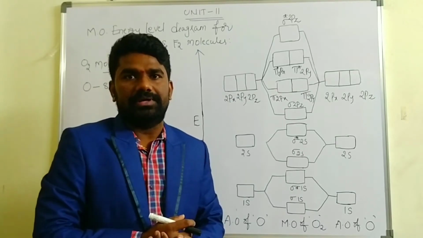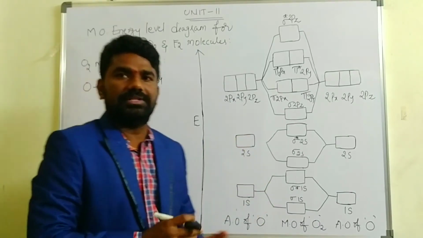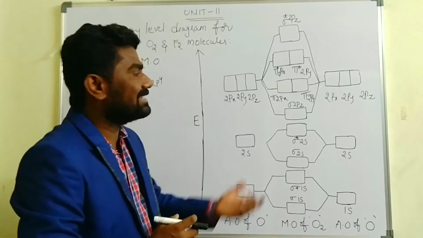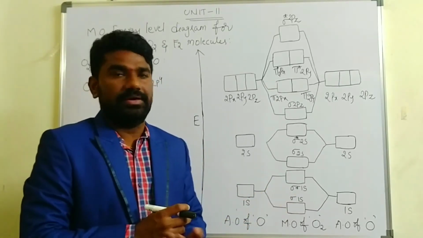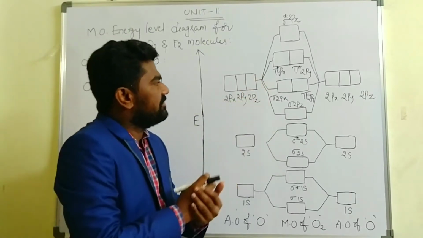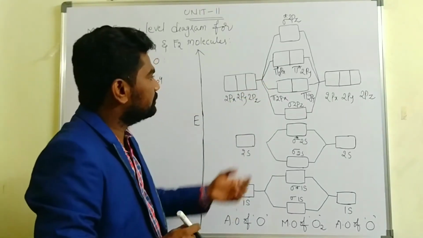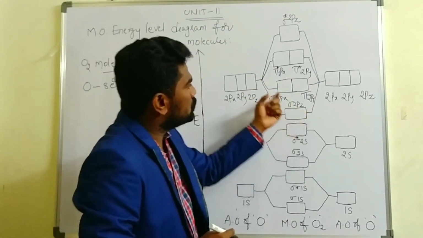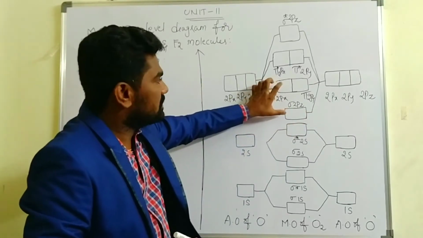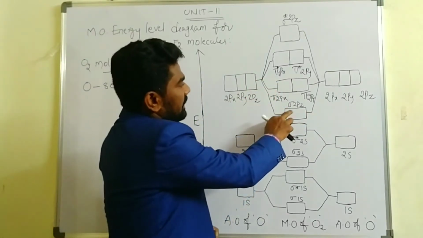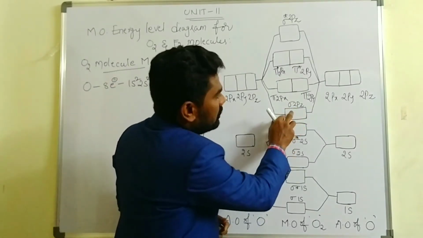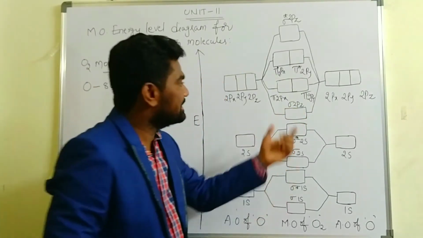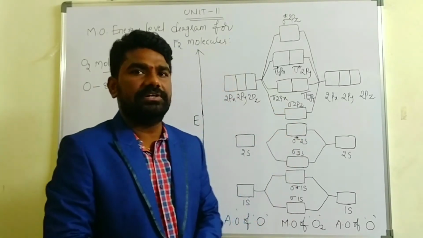Almost the same diagram is there. The only difference is in these two molecular orbitals. If you see here, the lowest energy level molecular orbital is sigma 2pz.